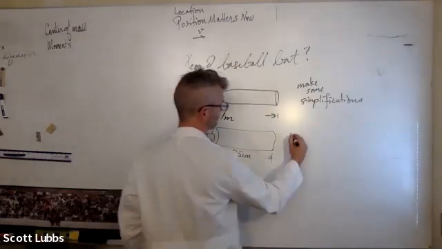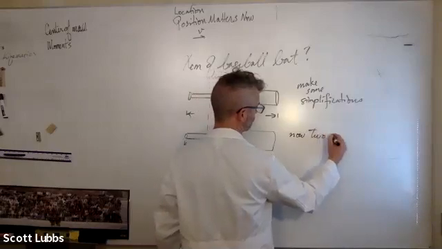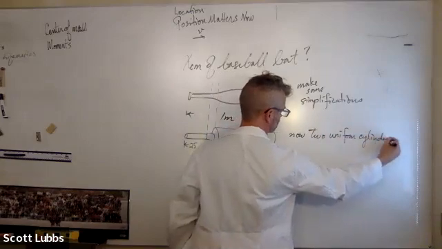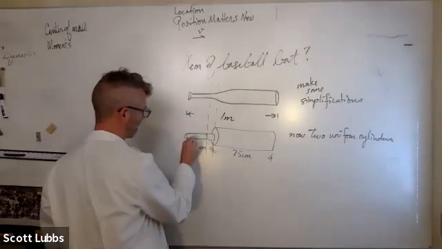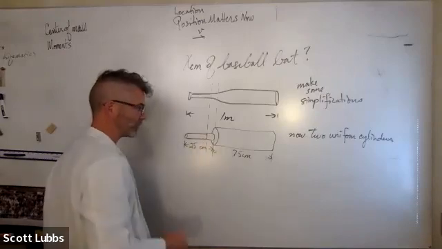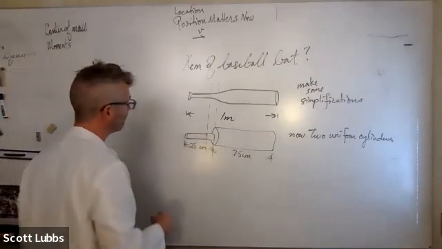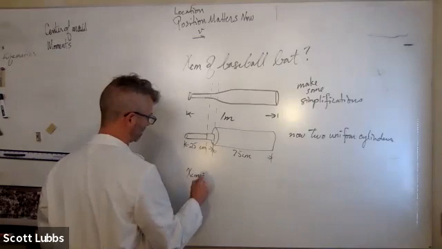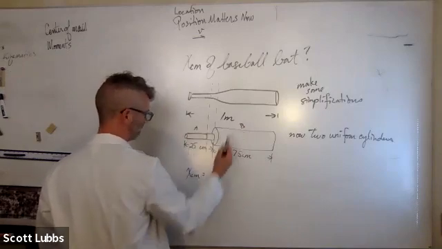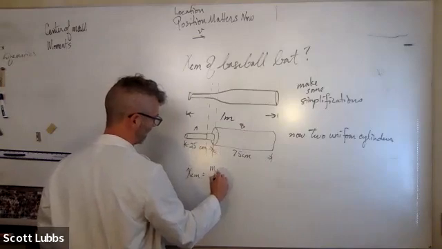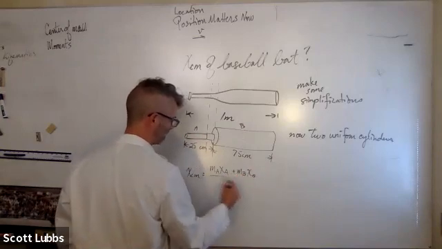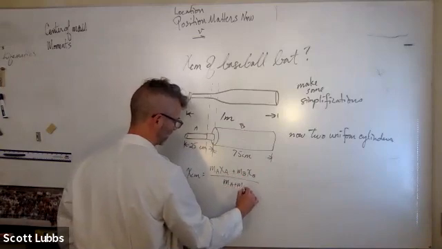Now with two uniform cylinders, the center of mass is located in the middle there, and the center of mass is located in the middle of there. So now I'm going to say the center of mass, with part A and part B, is the mass of A times the center of mass of A plus the mass of B times the center of mass of B, divided by MA plus MB.